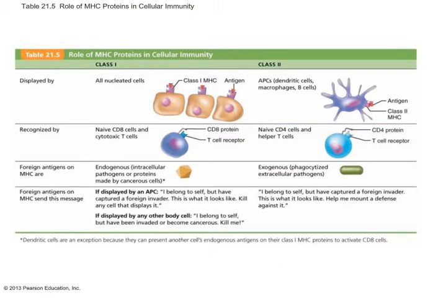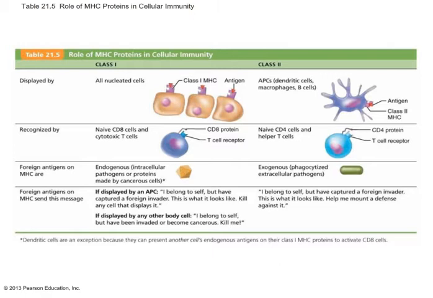In general, if a T lymphocyte or B lymphocyte comes in contact with a body cell with either an MHC1 or MHC2 marker, it will do nothing unless that marker is also attached to a foreign antigen. For example, when cells are infected, those cells will express a little bit of the foreign antigen in addition to their MHC marker.